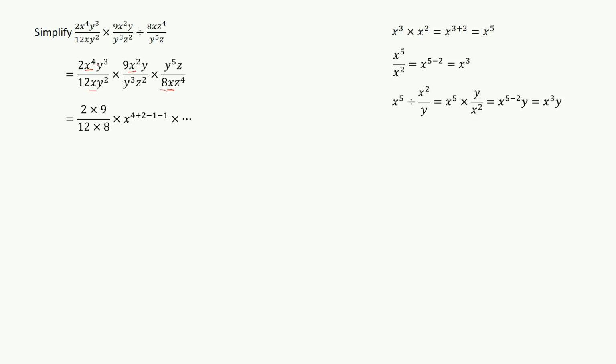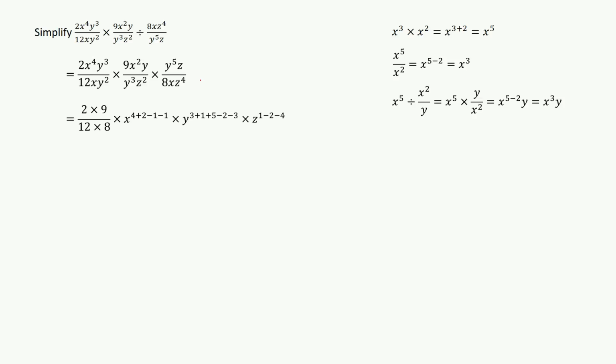So the 2 on the top are just multiplied together, x to the fourth times x squared, so that gives us that part there, they're added. Divided by x, so there's that minus 1, and divided by another x there, so I have to subtract another one. So I've brought together all of the x's and applied the power rule for multiplication and added or subtracted the indices depending on what they were.